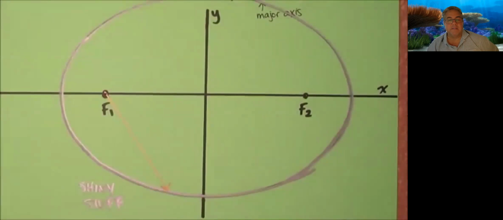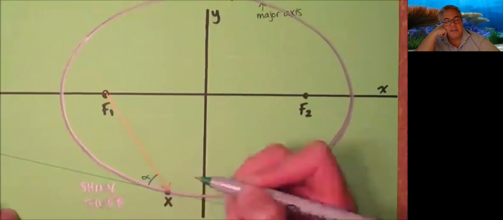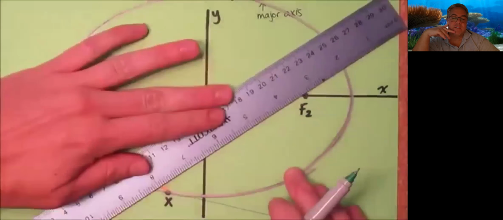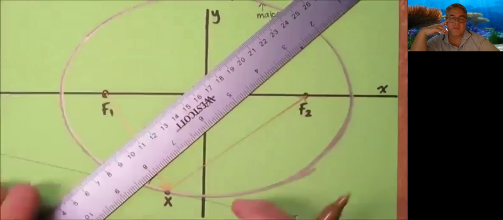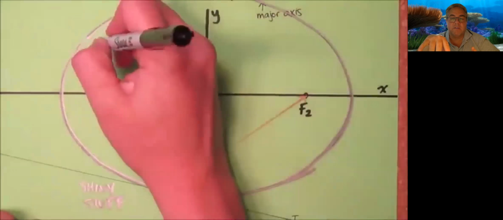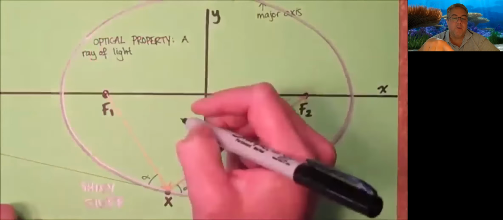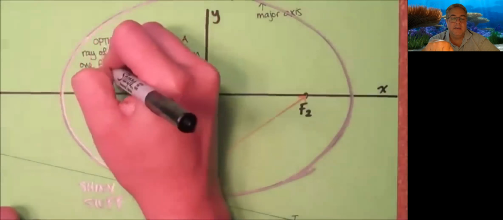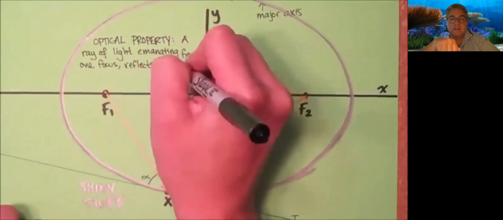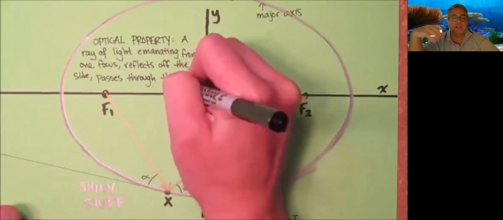They're drawing a point on the ellipse, that X point, and a line that goes from one focus to the X, and then another line from the other focus to the X. The way this person is describing it, there's also the optical property, meaning that if you're standing on focus 1 and shining a flashlight, and it hits any part of the ellipse, it's going to be reflected to the other focus. Hence why they call it focus.